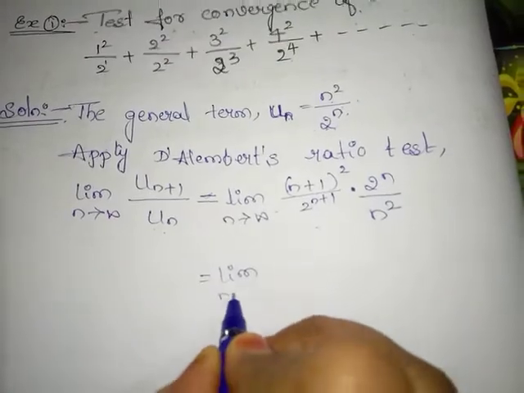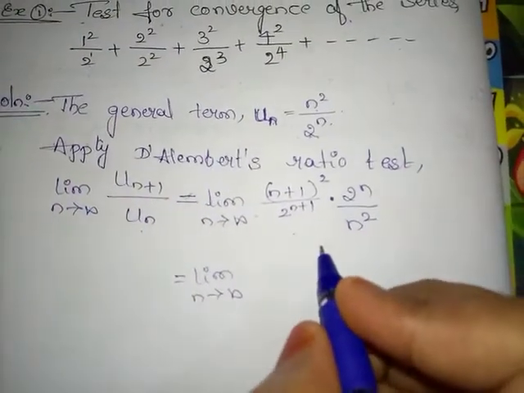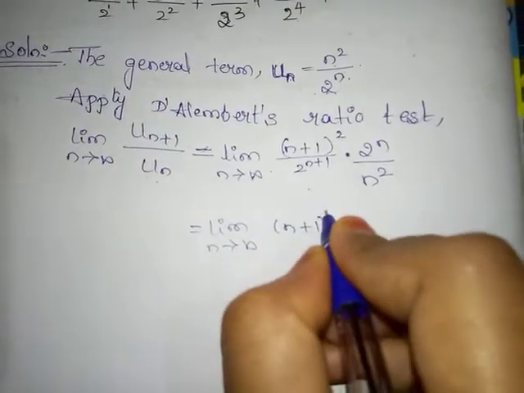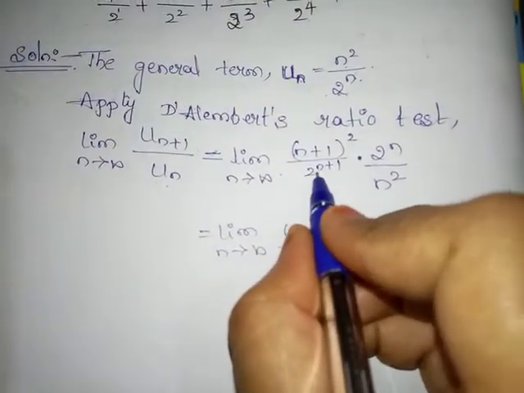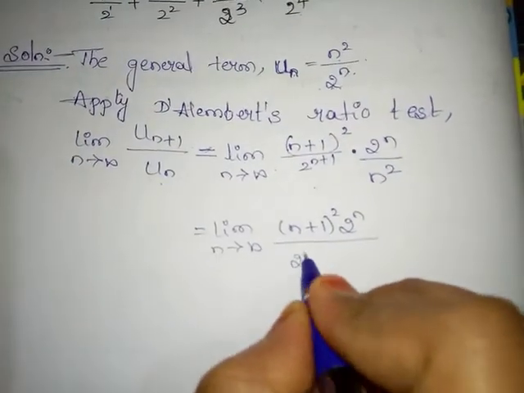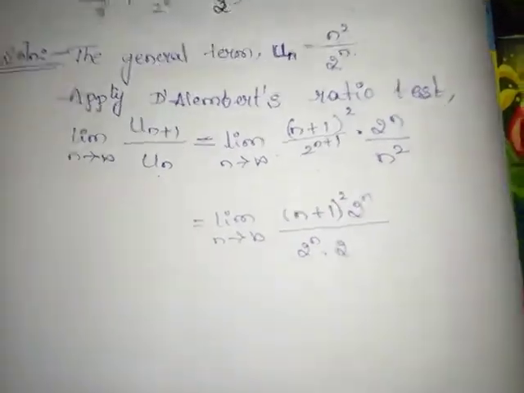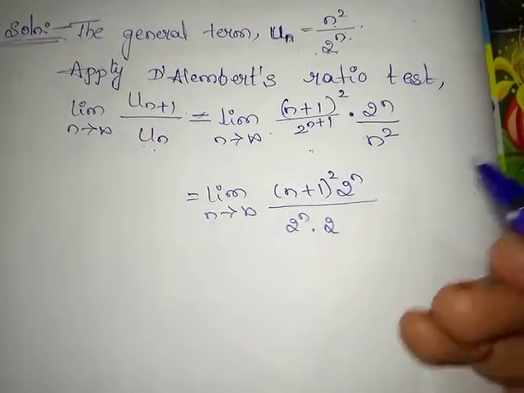Before applying the limit, first you have to simplify these two terms. (n plus 1) whole square into 2 raised to n divided by, see, 2 raised to n plus 1 can be written as 2 raised to n into 2, because the bases are the same. When we add the powers, again you will get 2 raised to n plus 1.